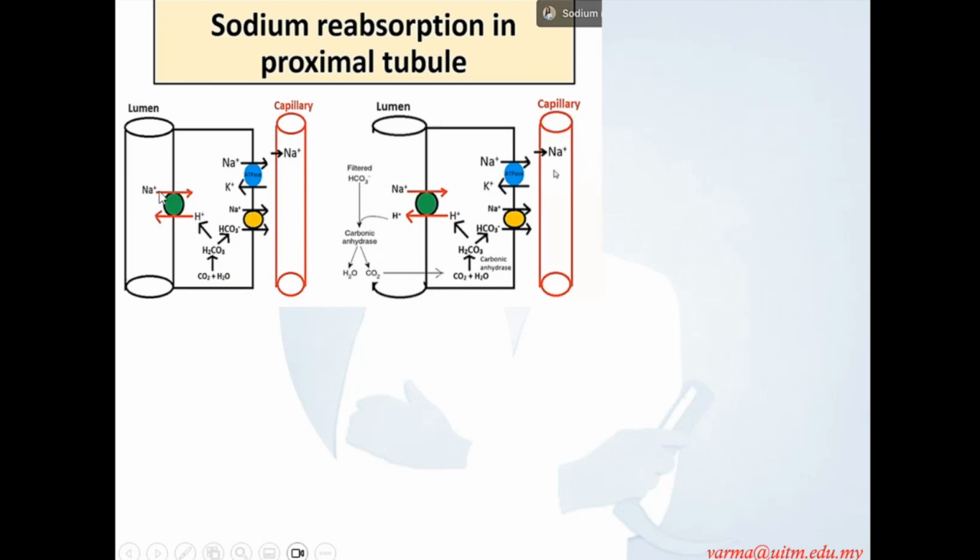But for it to work, we need the sodium potassium ATPase pump to maintain this concentration gradient. So what does this pump do? It pumps your sodium from the cells into your capillary, and the capillary moves the sodium away from here. It maintains the concentration by flowing away.